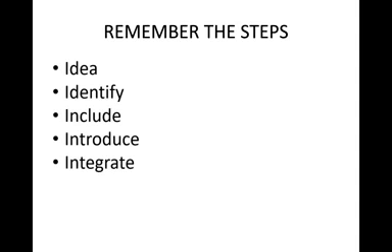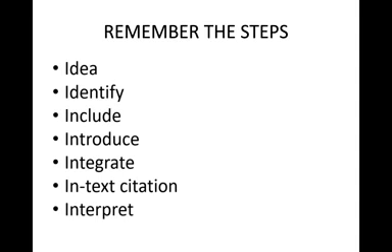You're going to integrate any quoted material, which I refer to as power phrases, into your own prose. You're always going to give an in-text citation, and you're going to interpret any quoted material or any textual examples so that your audience really understands what it is that you want them to understand about the significance of the textual evidence and the quoted material.